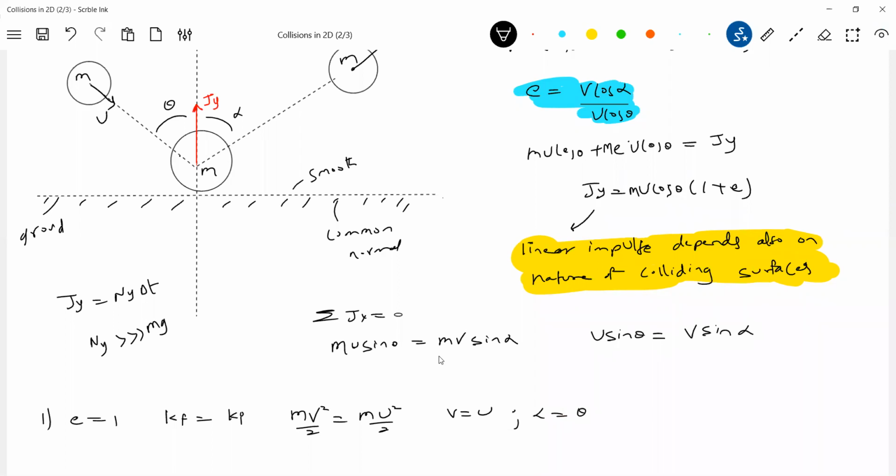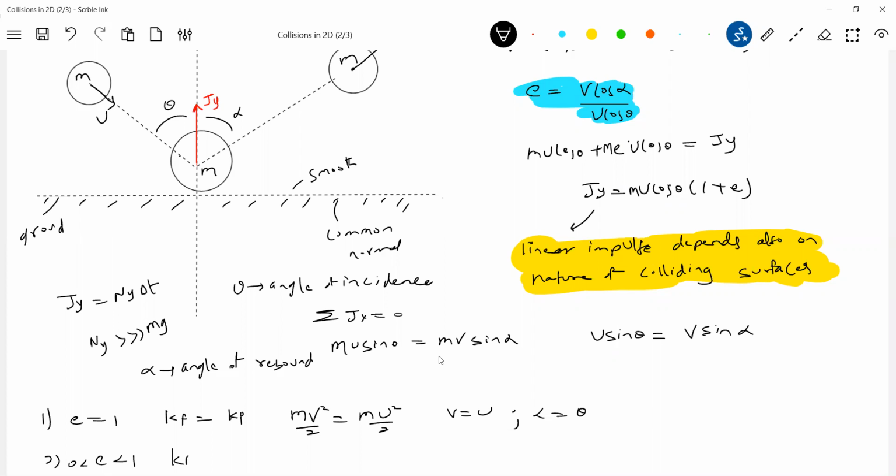So the angle of incidence should be equal to the angle of rebound. What are alpha and theta? How do we define them? Theta is called the angle of incidence, and alpha we define as the angle of rebound. Second case, if e is between 0 and 1, already we know it.